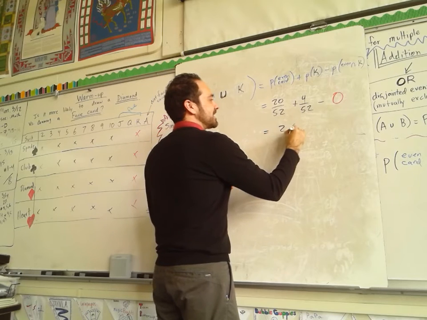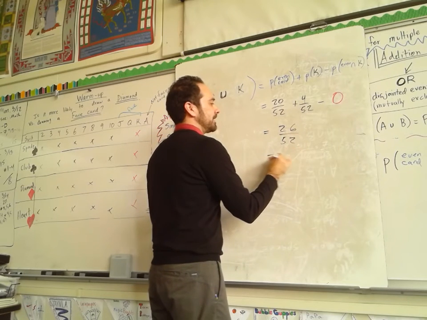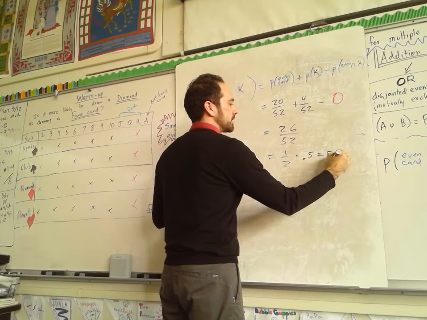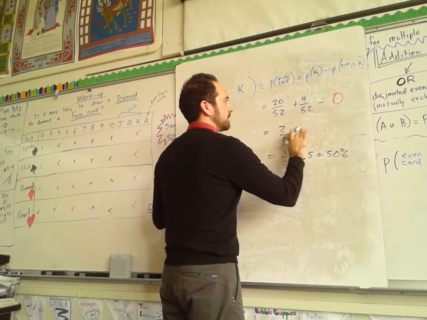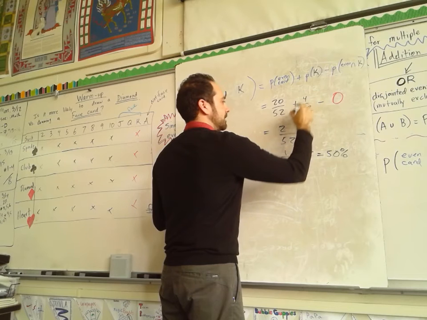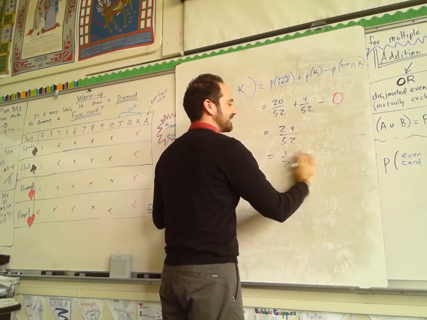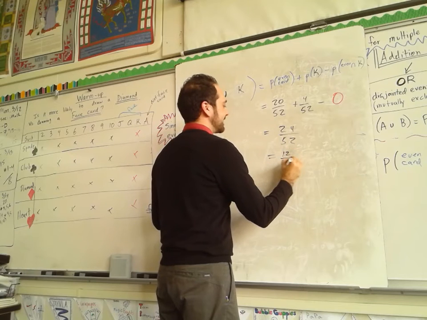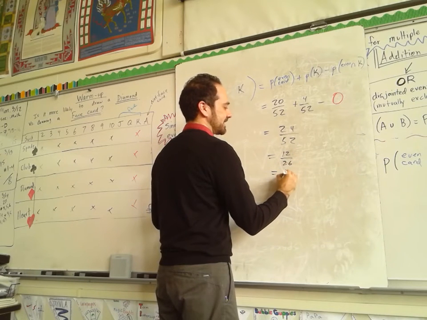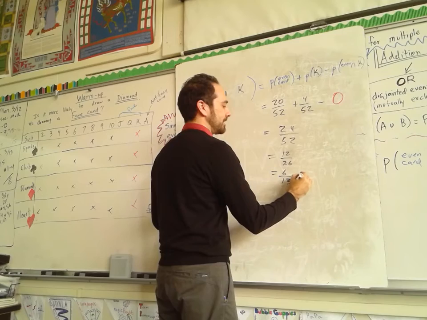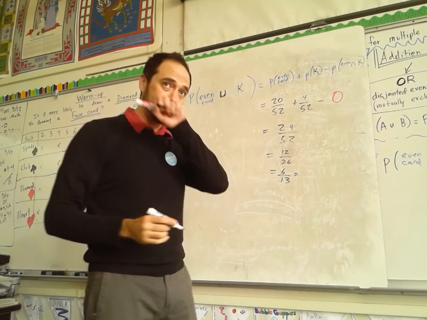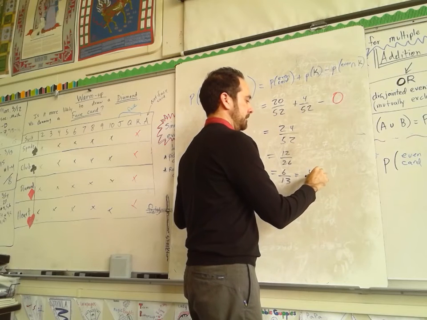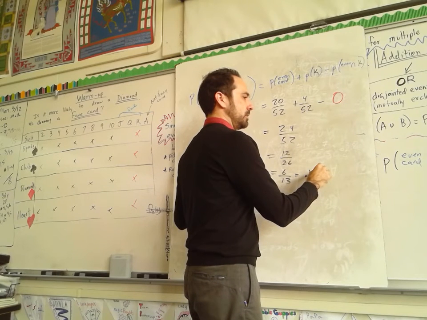24 out of 52. It's 6 over 13. 6 divided by 13 is 0.462.